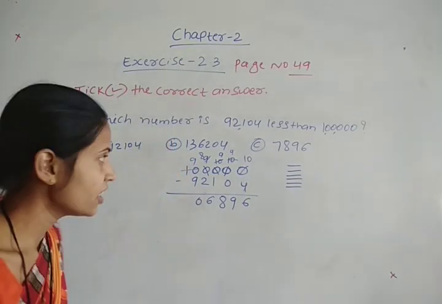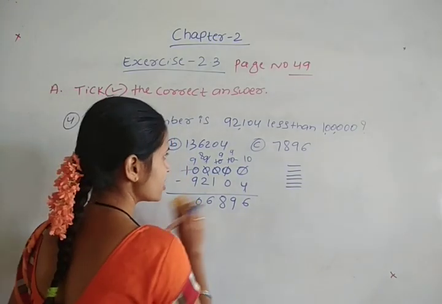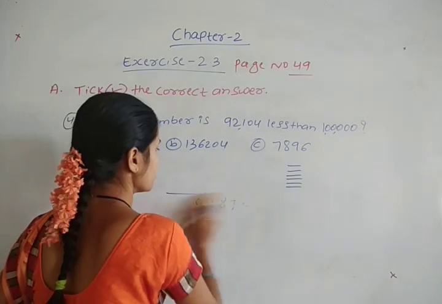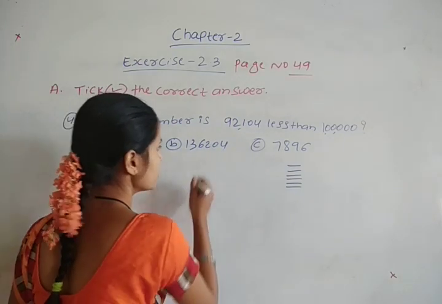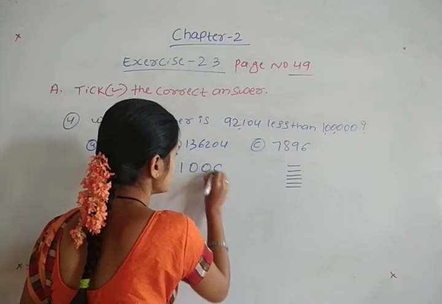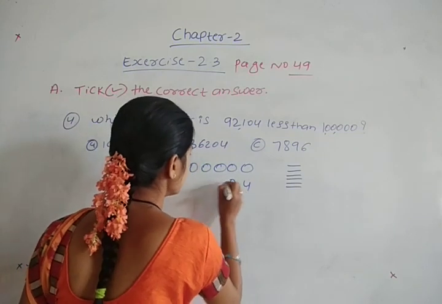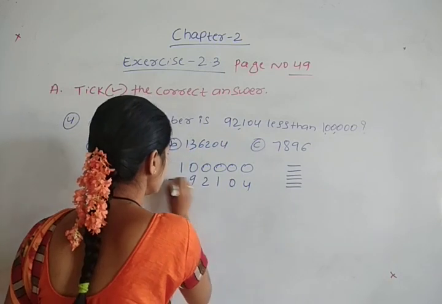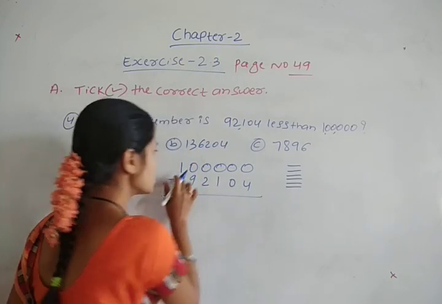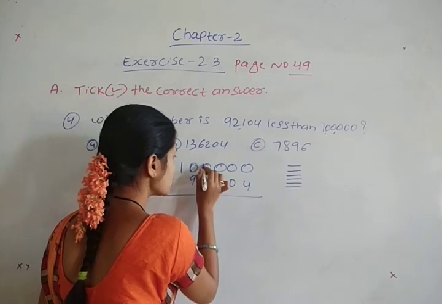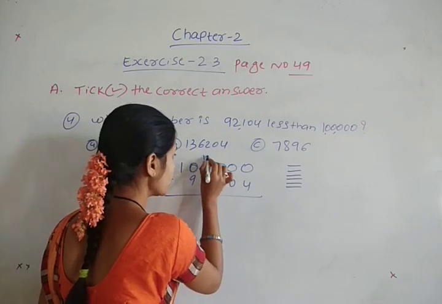See here once again. There is a difference in the answer. Once again I will subtract. You can see somewhere we have made a mistake. This is 10. If I take one borrow from this 10, now this 0 becomes 10 only.